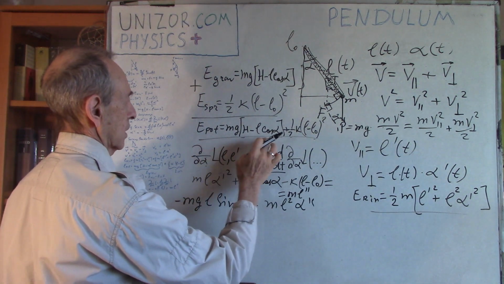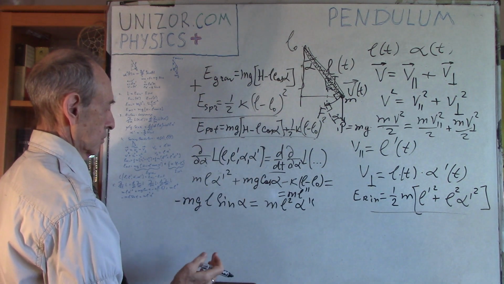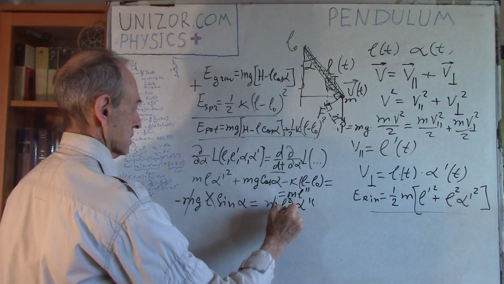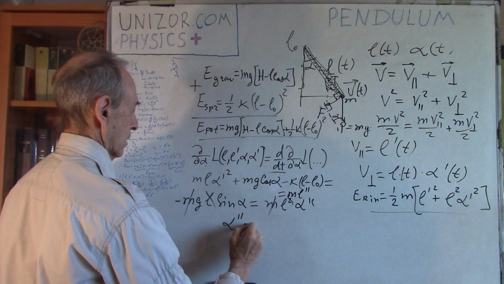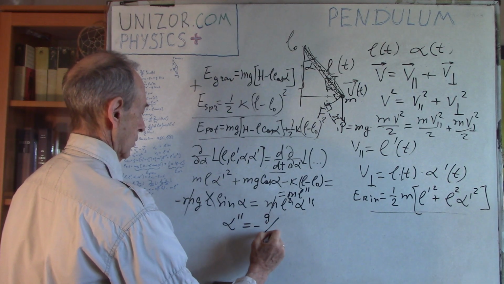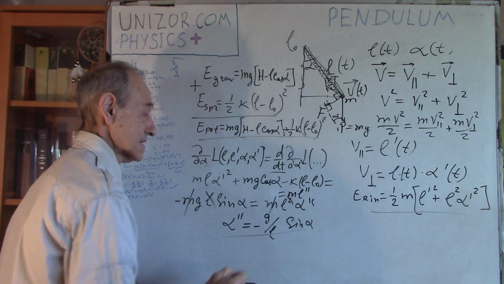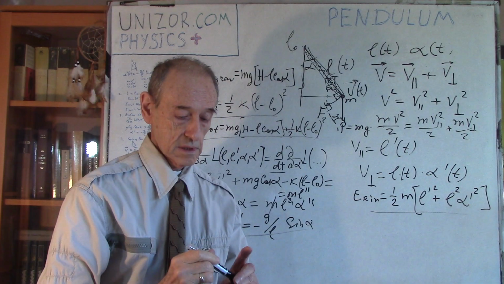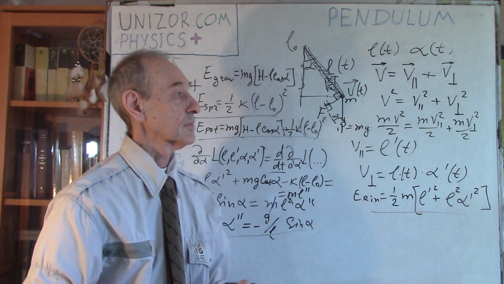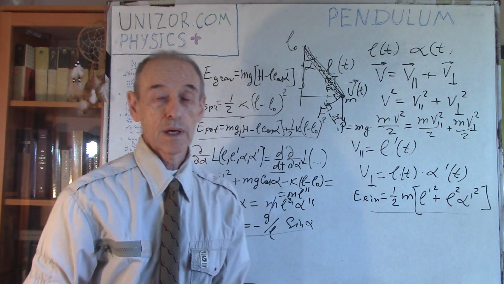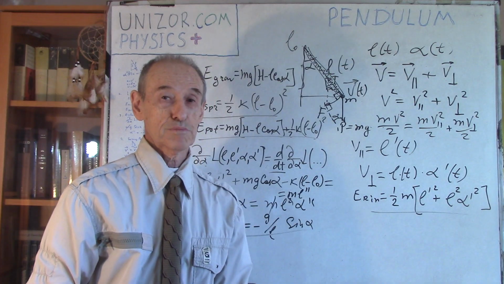Yes, mg, have to multiply. Alright, so what will we have? M cancels, L cancels, and we have alpha double prime equal minus g over L sine alpha. Exactly the same as for the unstretchable thread instead of a spring.